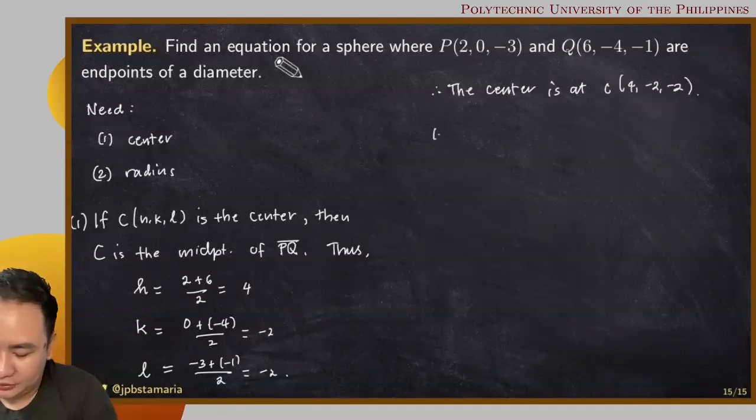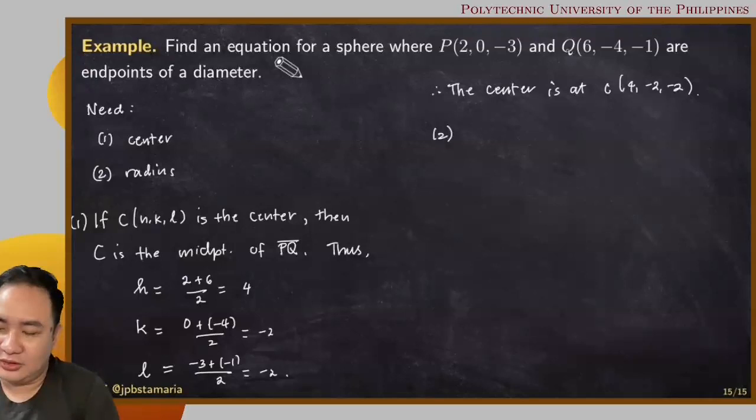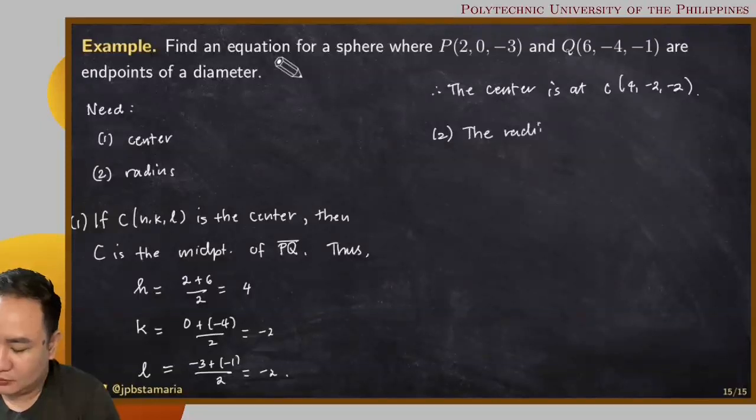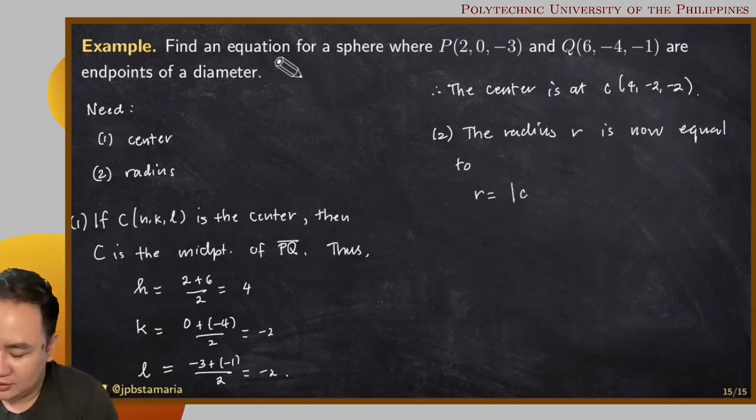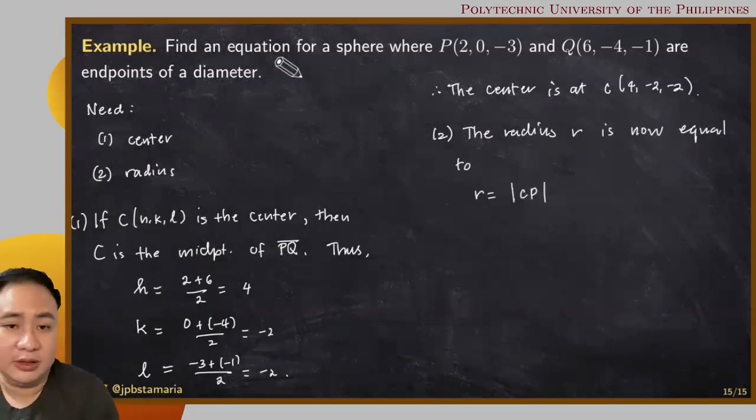All right. Number 2, for the radius, how do we get the radius? So kahit anong method na lang. The radius R is now equal to, for example, you can take the distance of C and P, if you want.